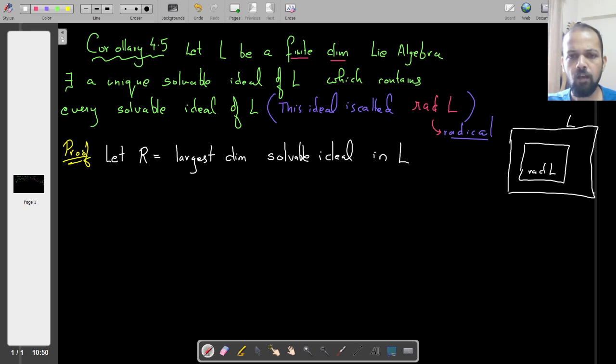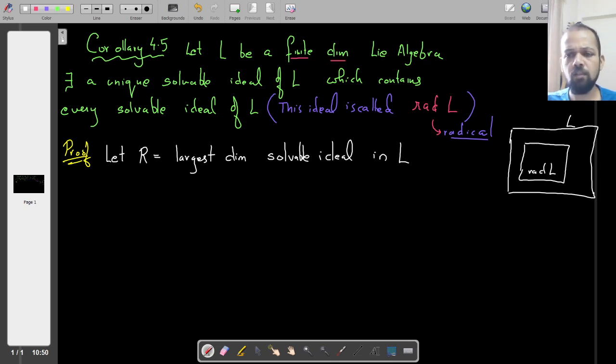in L. Now you'll say this need not be unique, of course. If L is a 5 dimensional vector space, we know every subspace has to be up to maximum 5 dimensional. So the solvable ideals will be of dimension 0, 1, 2, 3, 4, 5. Maybe there is no solvable ideal of dimension 5, then you will find one of dimension 4.